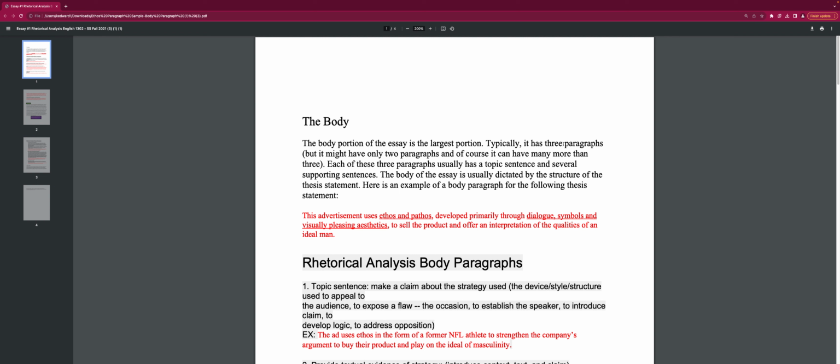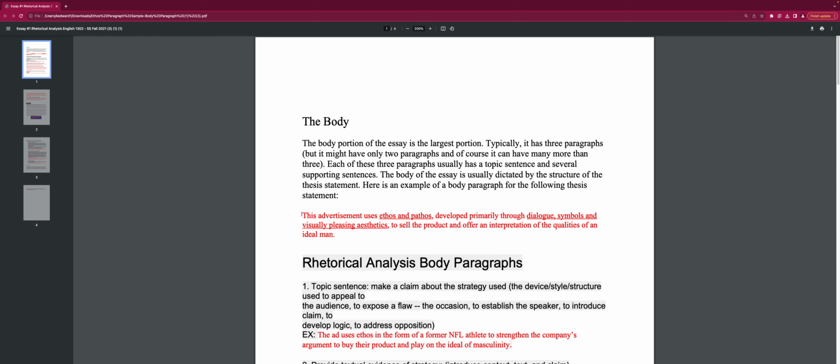Now, last week you were asked to write a thesis, you were asked to share your thesis, you were asked to give feedback to your classmates on their thesis, and then you were told to go back and take a look at your thesis, look at the suggestions that were given, and revise your thesis statement, right?